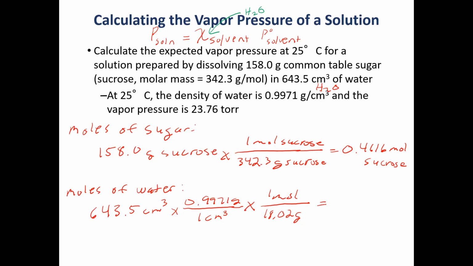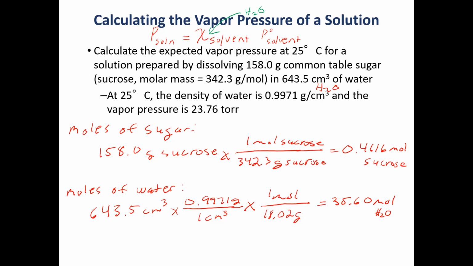So if we take 643.5 times 0.9971 and divide that by 18.02, we come out with 35.60 moles of water.